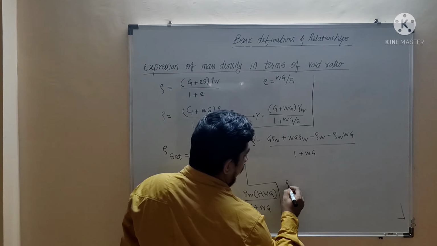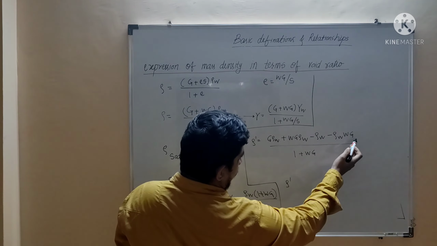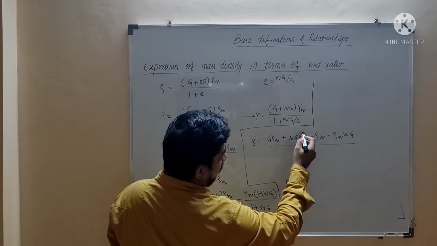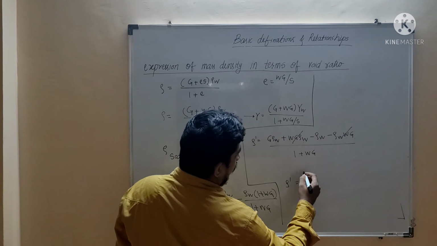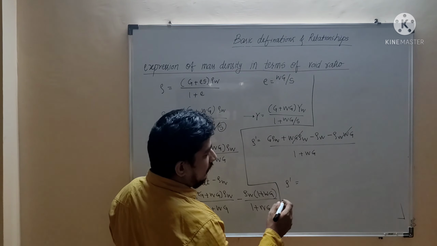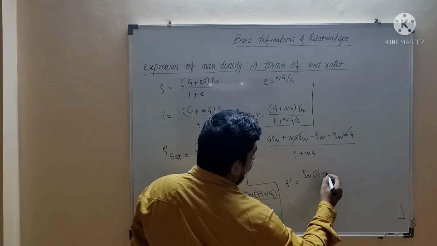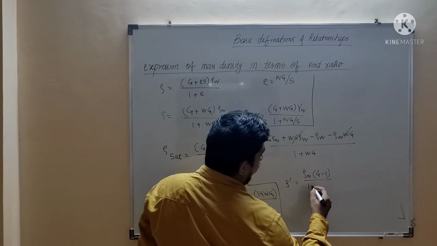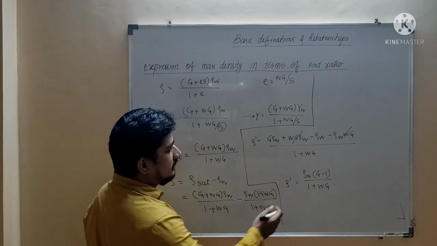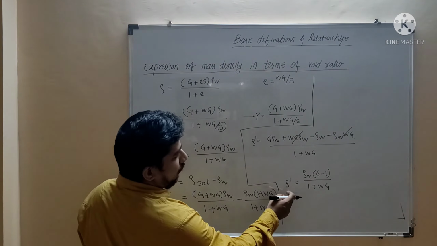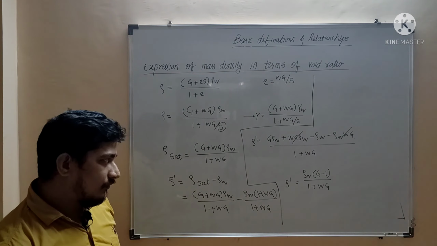Again, rho W into G and rho W into G, so this and this term will get cancelled, and we will get rho W into G minus 1 divided by 1 plus Wg. So this is the another formula for submerged mass density.